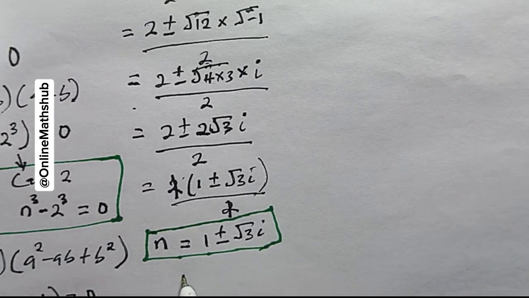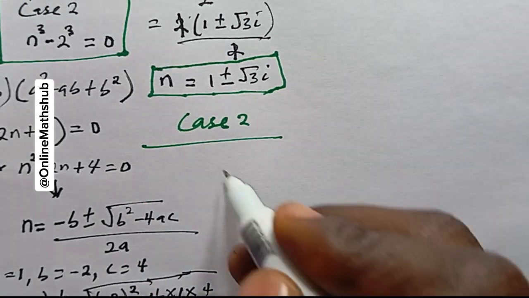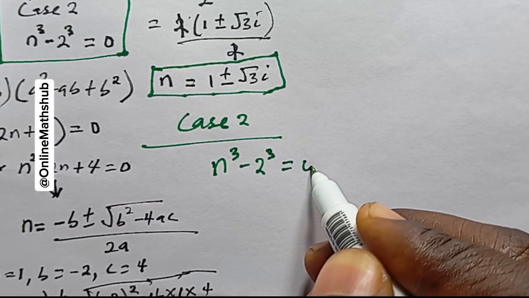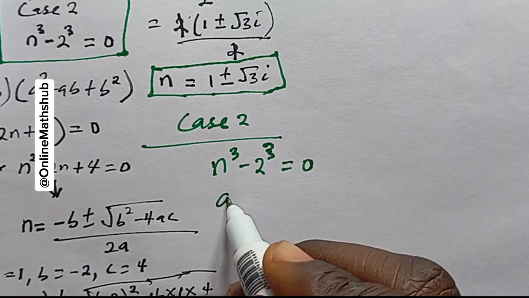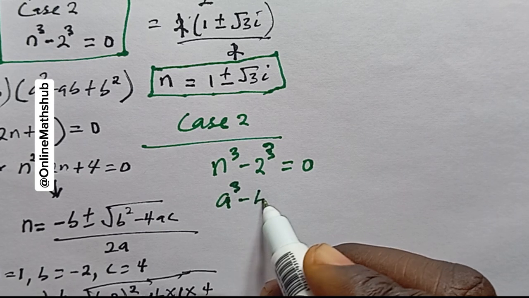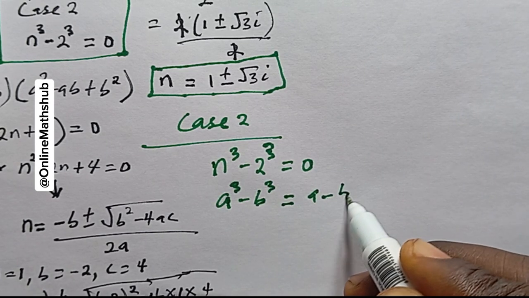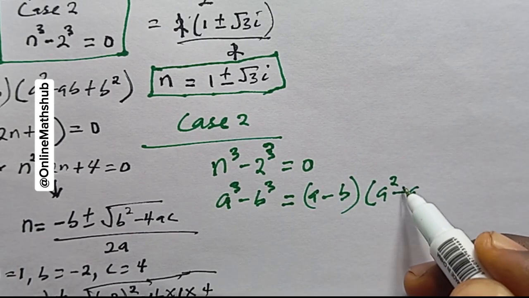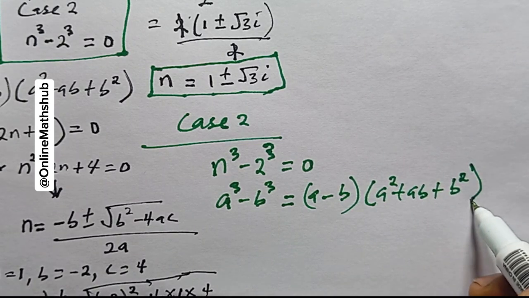So if we consider case 2, where n power 3 minus 2 power 3 is equal to 0. We just need to remember this algebraic expansion, a power 3 minus b power 3. You can expand this as a minus b, multiplied by a squared plus ab plus b squared.